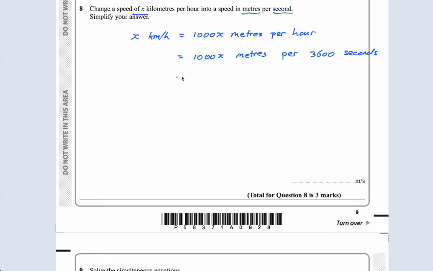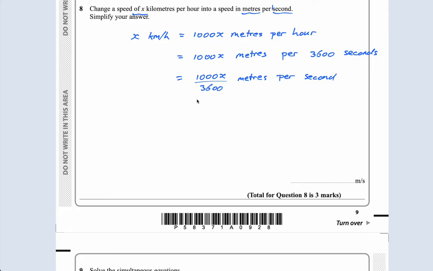But I want per 1 second, because it's meters per second. So if we can go this far in 3,600 seconds, we can go this far divided by 3,600 meters per second.